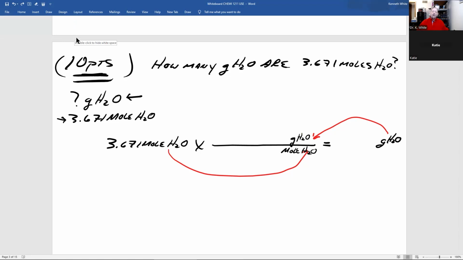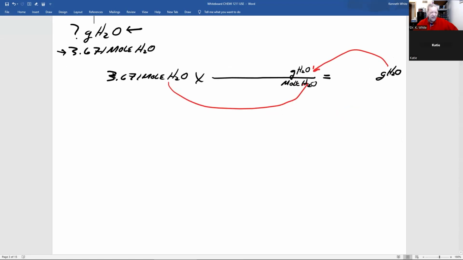So I have a ratio of grams of water to moles of water. And where do I find that relationship? And I'll write it here so we don't have to.